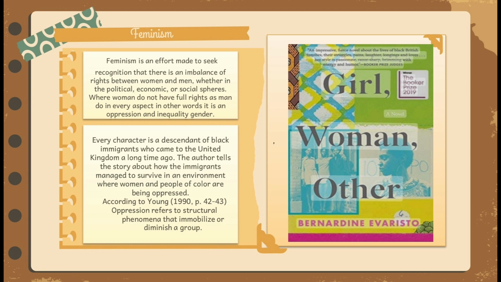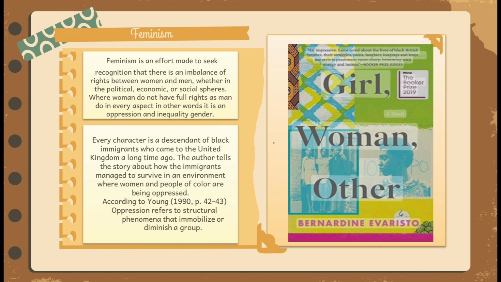This novel, entitled Girl, Woman, Other by Bernardine Evaristo, is about characters who are all descendants of black immigrants who came to the United Kingdom a long time ago, and the author tells the story of how the immigrants managed to survive in an environment where women and people of color are oppressed.